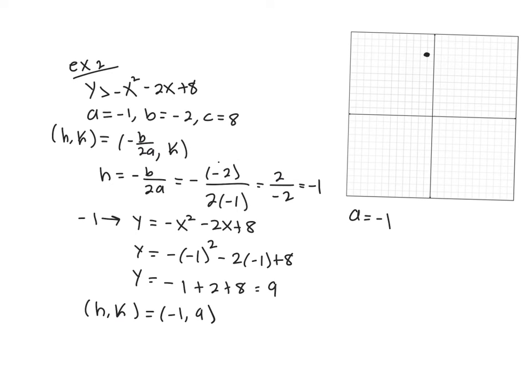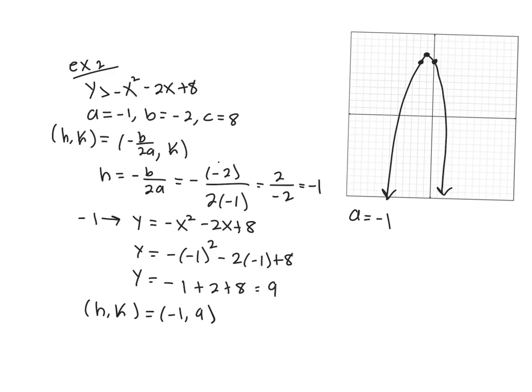So I can move down 1, right 1, down 1, left 1, and draw my parabola. Just like that, okay? I think that this way is a little bit easier than having to factor and find your x-intercepts and then go from there. But either method that you want to use will work.